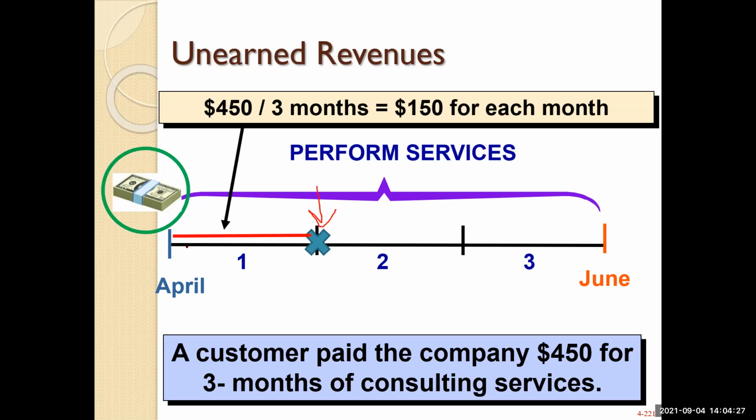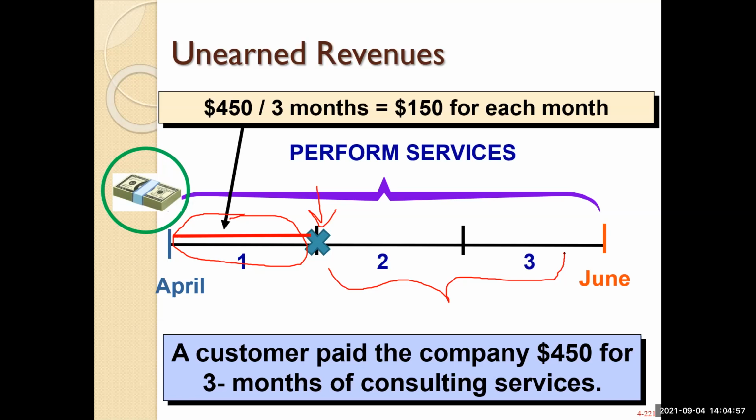And we go, okay, well, a month has gone by, so we performed some consulting services. So that means when we perform the service, we have now earned revenue. Okay, that's that revenue recognition rule. We've earned revenue. And also, our liability, or the amount of services we owe, has gone down.